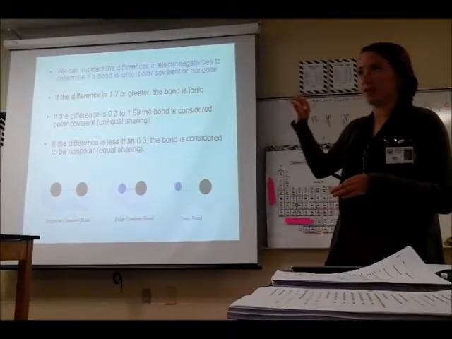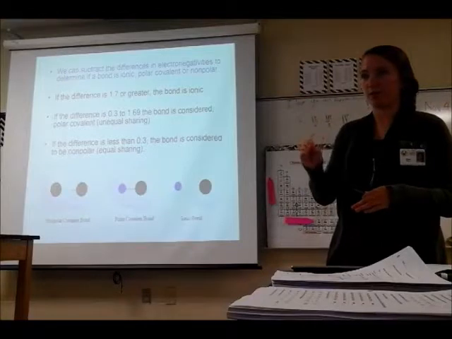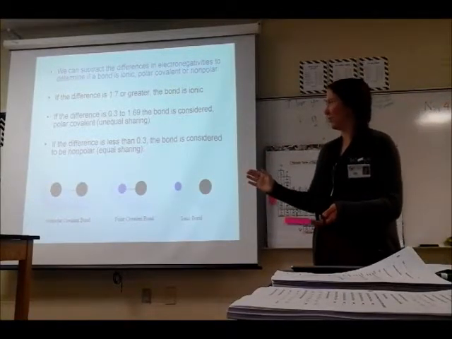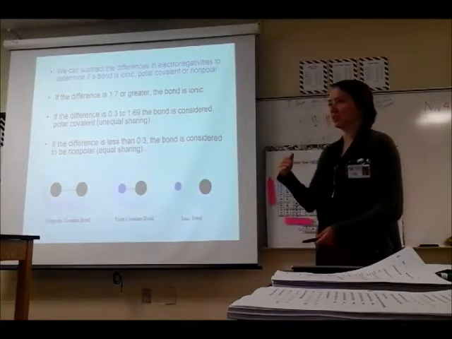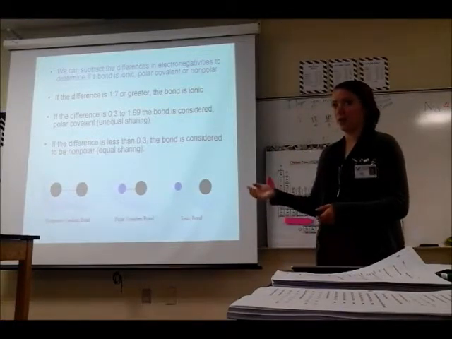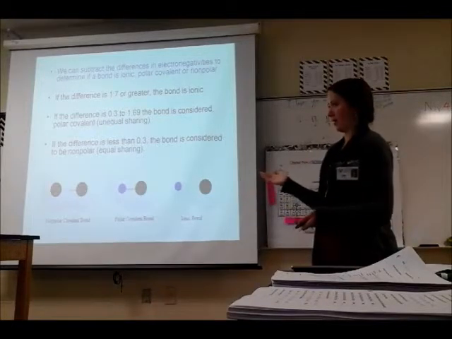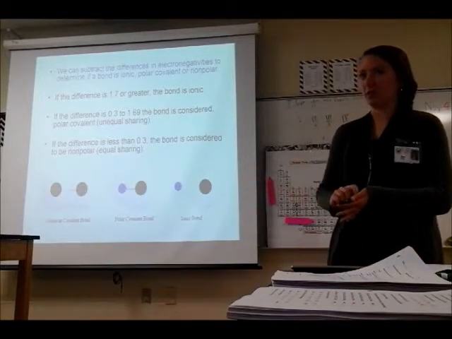She's not going to give you the elements, she's just going to give you the numbers. So you're going to have to do a little subtraction for this. Because if she just gave you the elements too, then you'd know, oh, if it's a metal, then it's ionic automatically. But that's too easy. You already know how to do that.